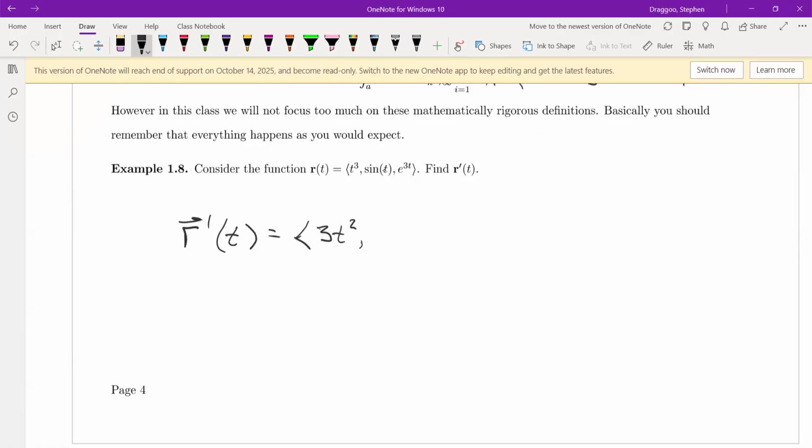Derivative of sine, I believe, is positive cosine t, right? Sine starts by increasing, so it'll have a positive derivative at first. And derivative of e to the 3t, I think, is 3e to the 3t.